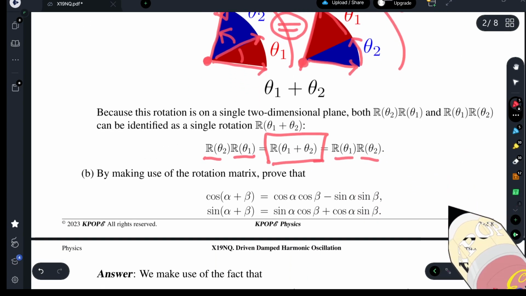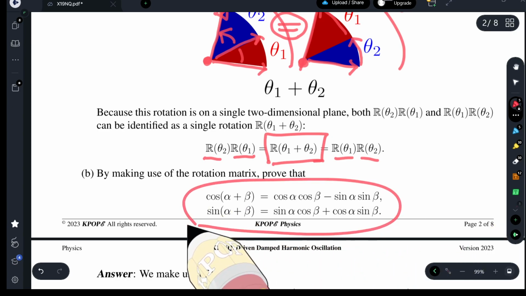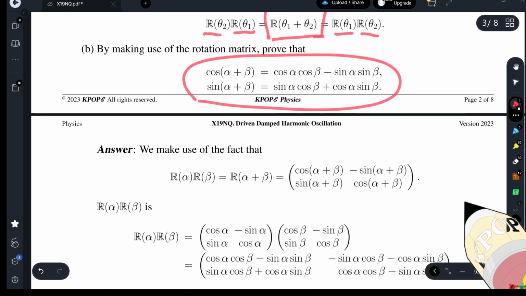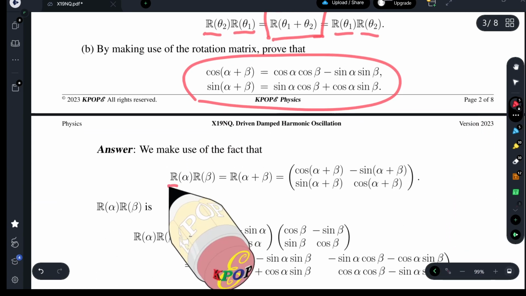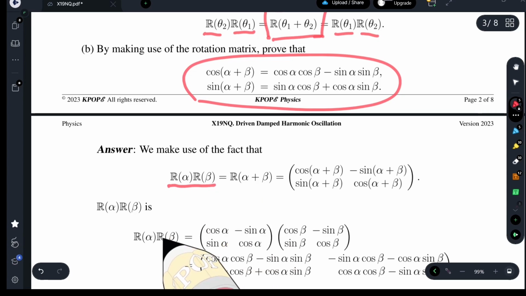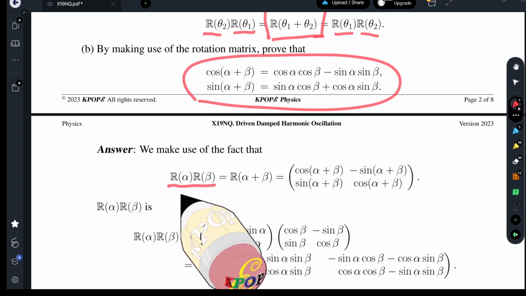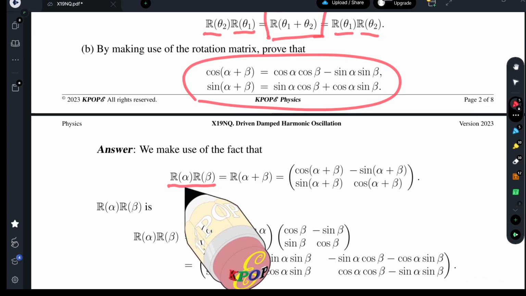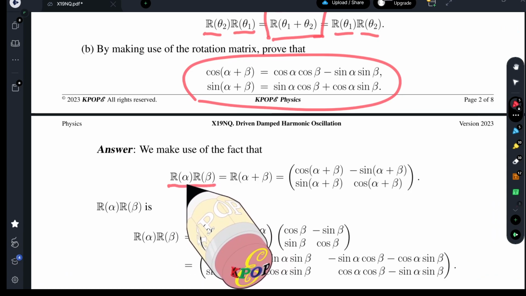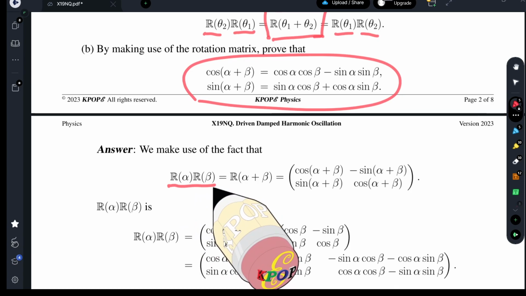As a result, we can prove this addition formula for trigonometric functions. Let's see. Rotation matrix about the z-axis on the two-dimensional Euclidean space can be expressed as a product of R alpha and R beta.